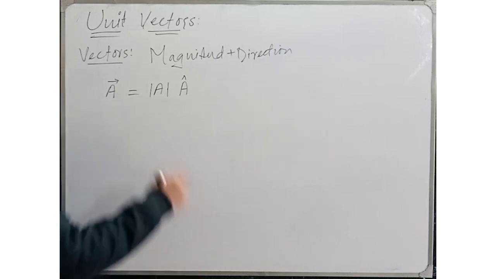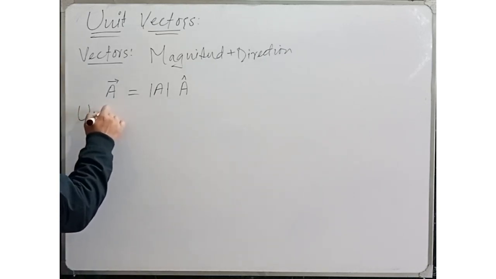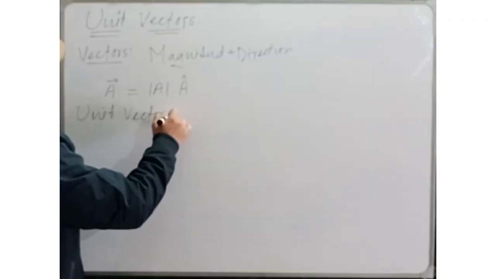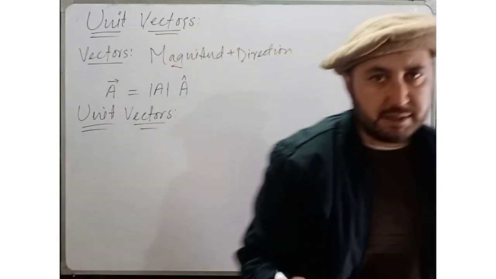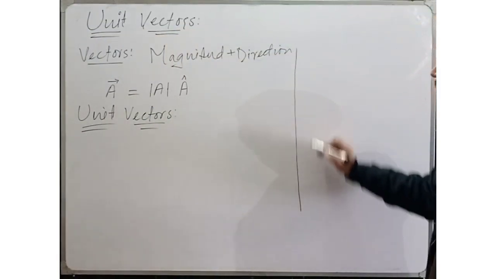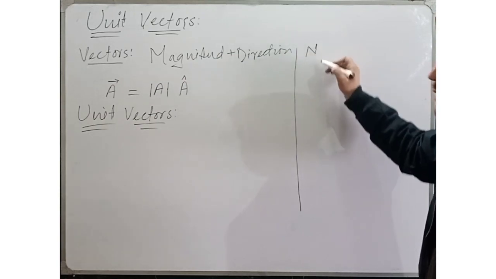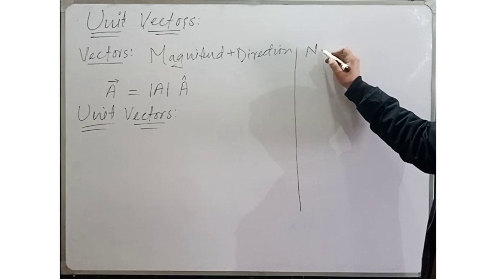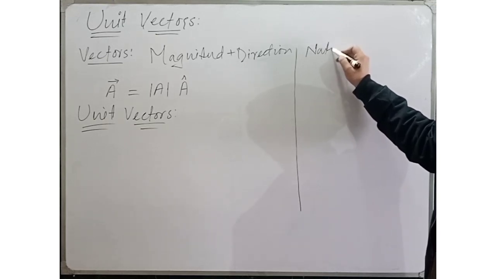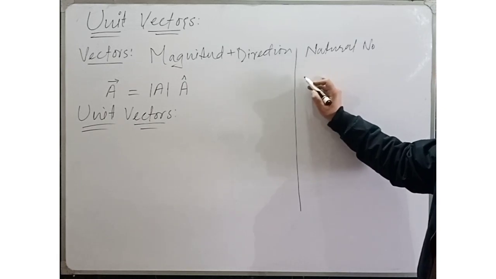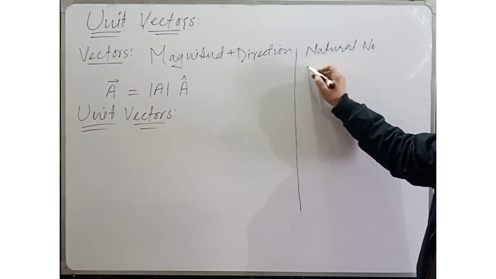Okay, so unit vectors. Before I define unit vectors, I would like to explain an alternative concept that actually provides a ground in order to understand the concept behind the unit vector. So let us take natural numbers, and if we add such natural numbers, we can take any example, 2.